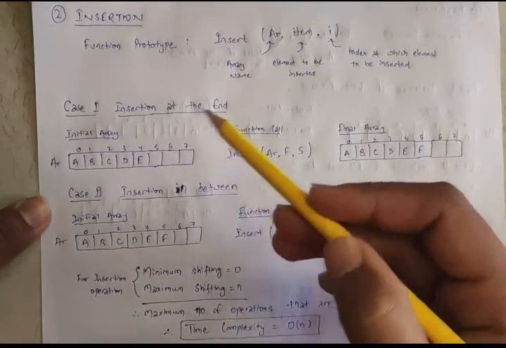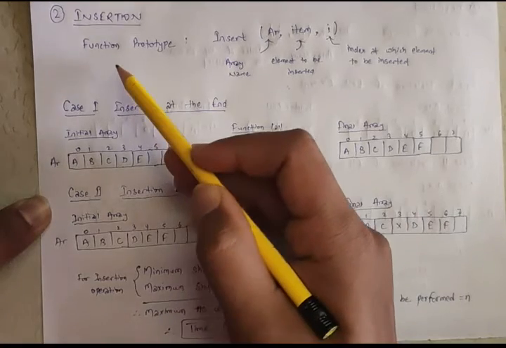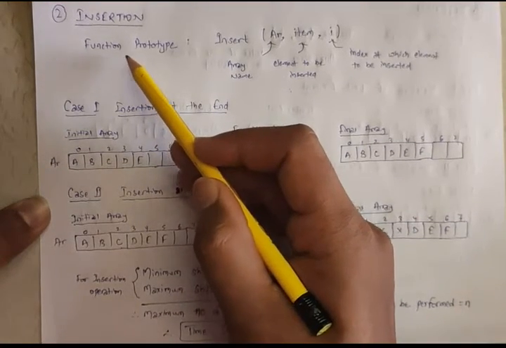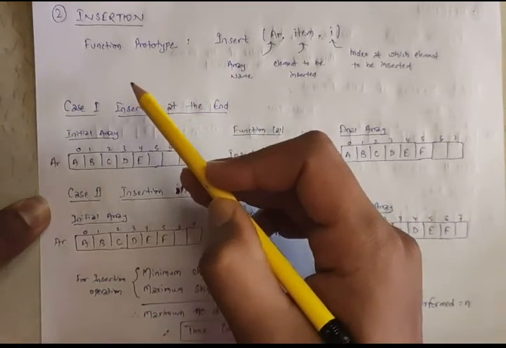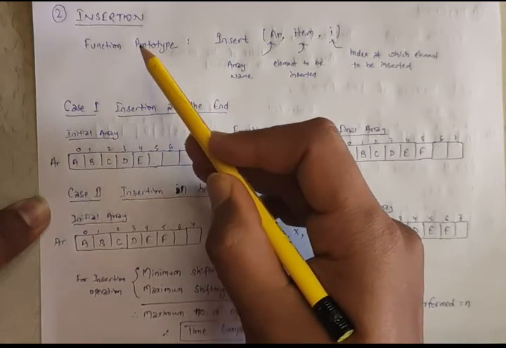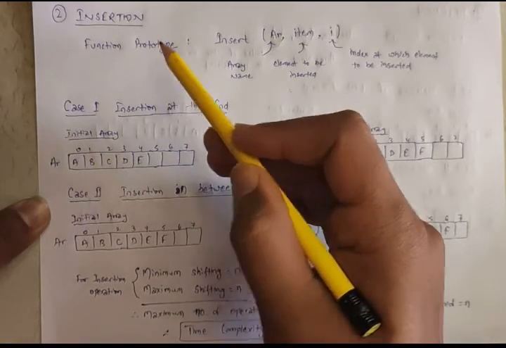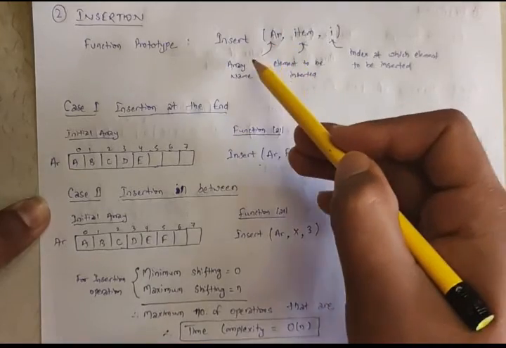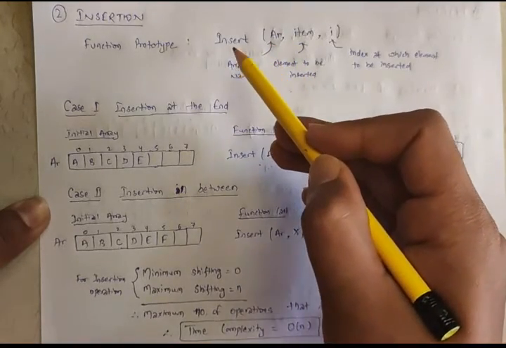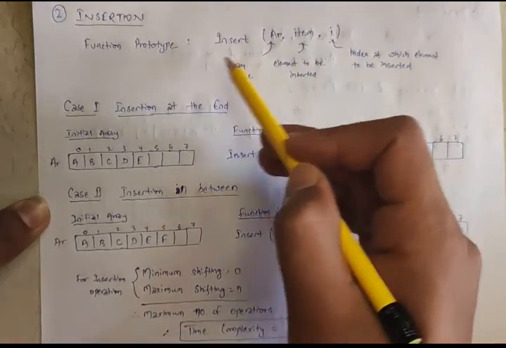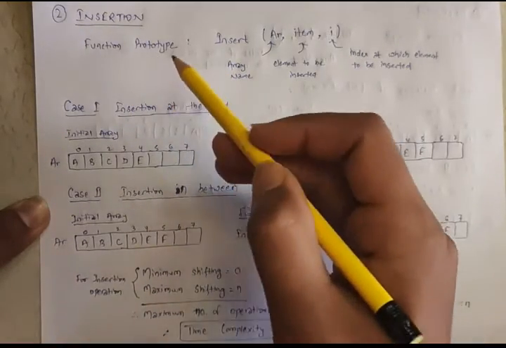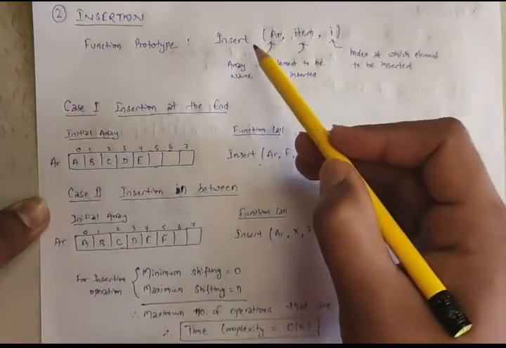Let's say we are having some function for insertion. The function prototype, means what parameters it takes and what names are included in the function prototype, would look like this.